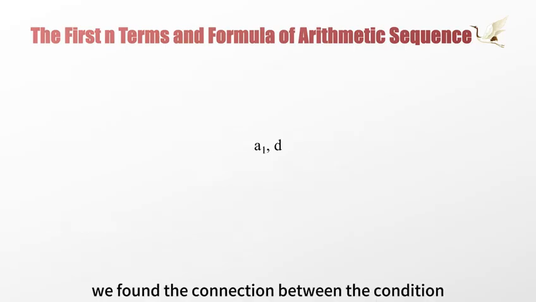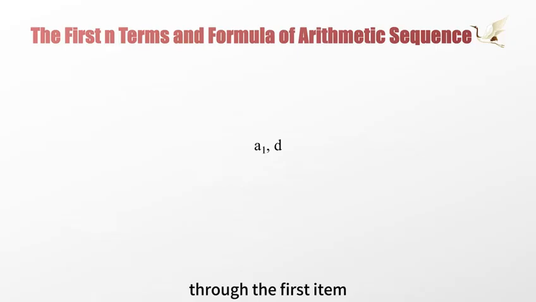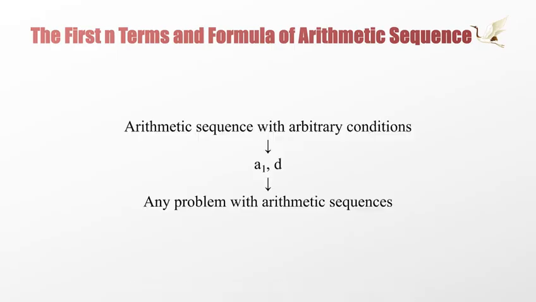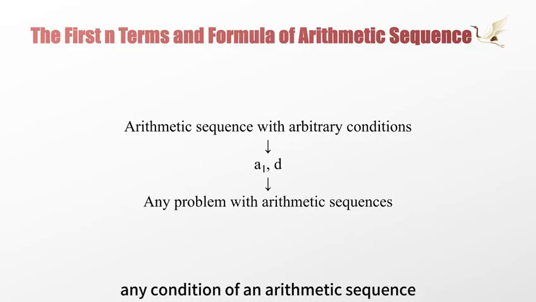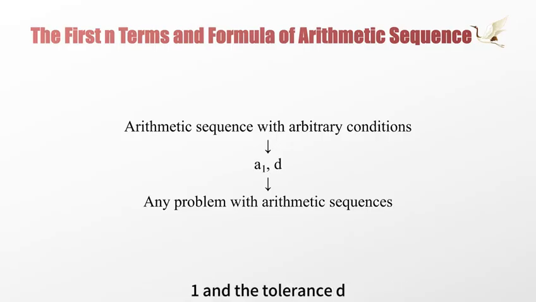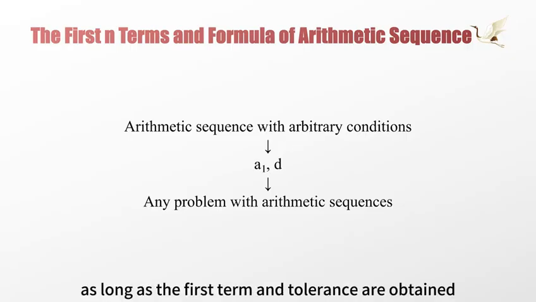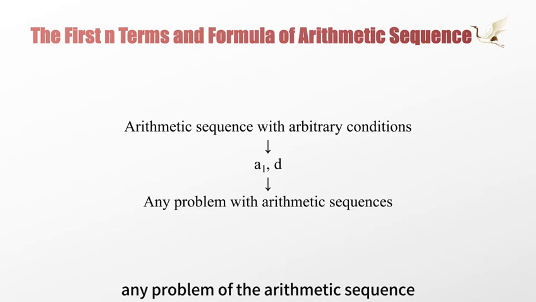We found the connection between the conditions and the problem through the first term and the common difference in this question. In fact, the first term a1 and the common difference d are the fundamental quantities that determine an arithmetic sequence. Any condition of an arithmetic sequence can be transformed into a relationship between the first term a1 and the common difference d. At the same time, as long as the first term and common difference are obtained, any problem of the arithmetic sequence can be represented by them, thus obtaining a solution.